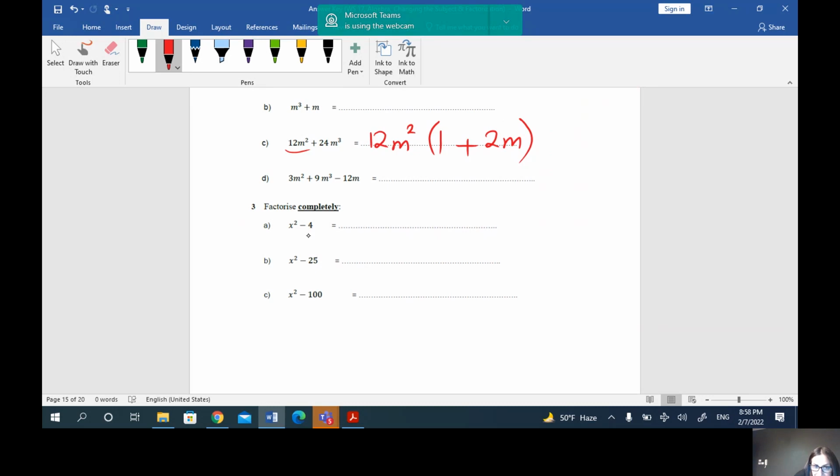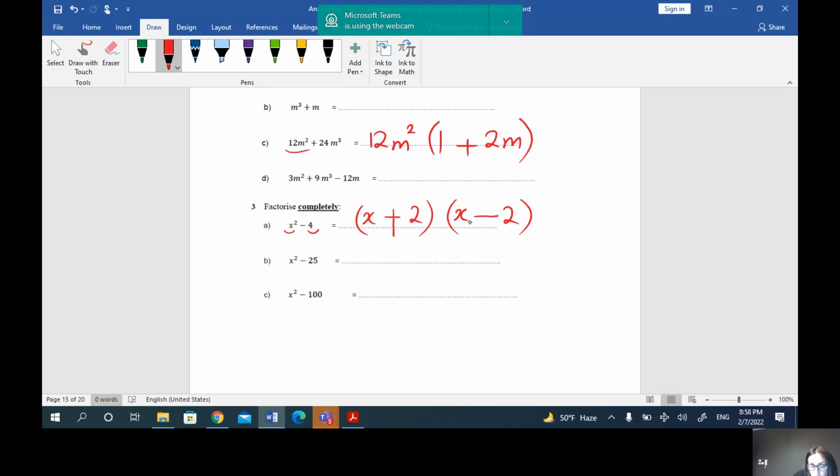Okay, so in this case, if this is a squared term and this is a squared term with the minus in the middle, then to factorize, you open two brackets. One bracket will take the addition in the middle, the second will take the subtraction in the middle. And here it's x, 4 is 2, 2.